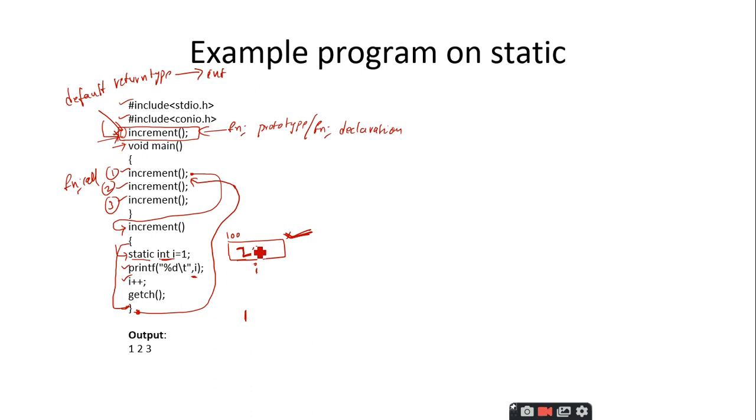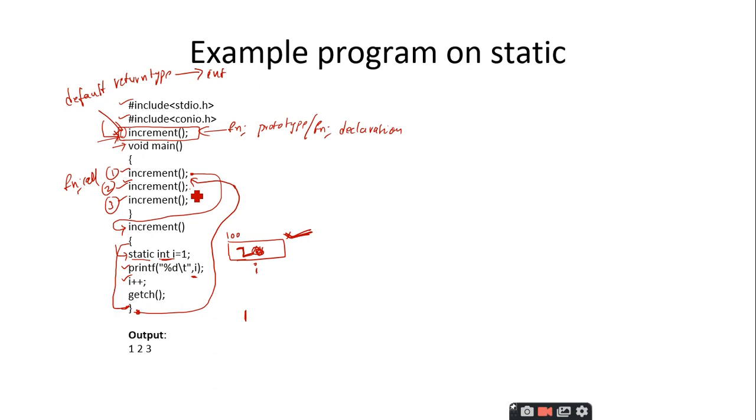The deallocation of memory doesn't happen, so it still retains its value. Very important point. And after returning back, you can see here that there is another increment function call.